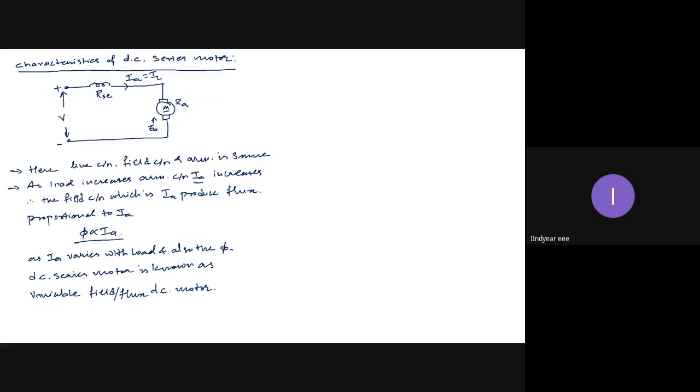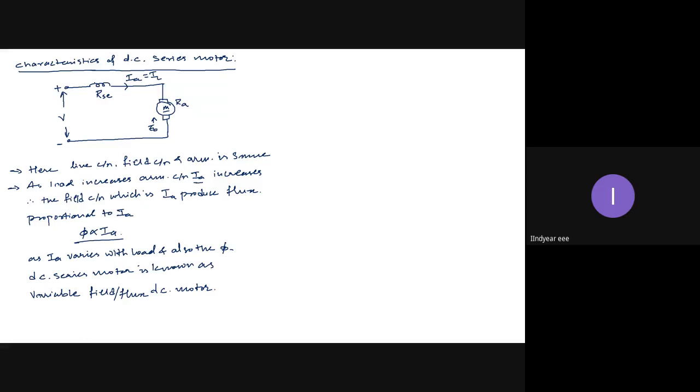But magnetic saturation, didn't you study hysteresis loss in transformers? And you might have also come across a question that why don't transformers operate with direct current? The one sentence answer for that is due to magnetic saturation. If I apply direct current to transformers, the core will magnetically get saturated.